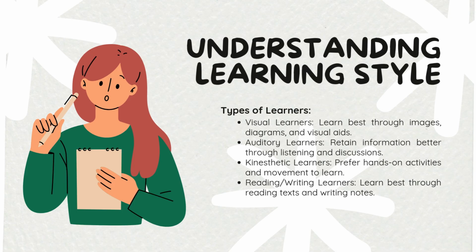Auditory learners retain information better through listening and discussions, which is why I am making this video for auditory learners and also visual learners so that they can actually see, and then the auditory learners can listen to what I have to say. That is how they retain information.